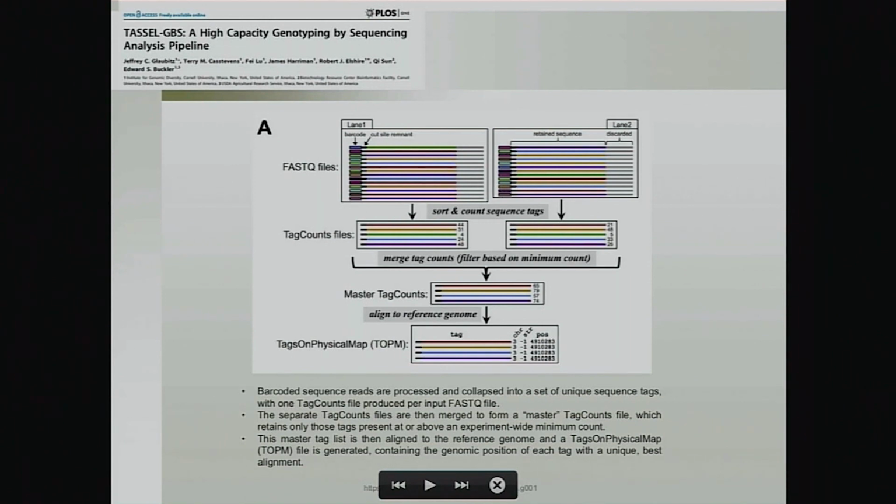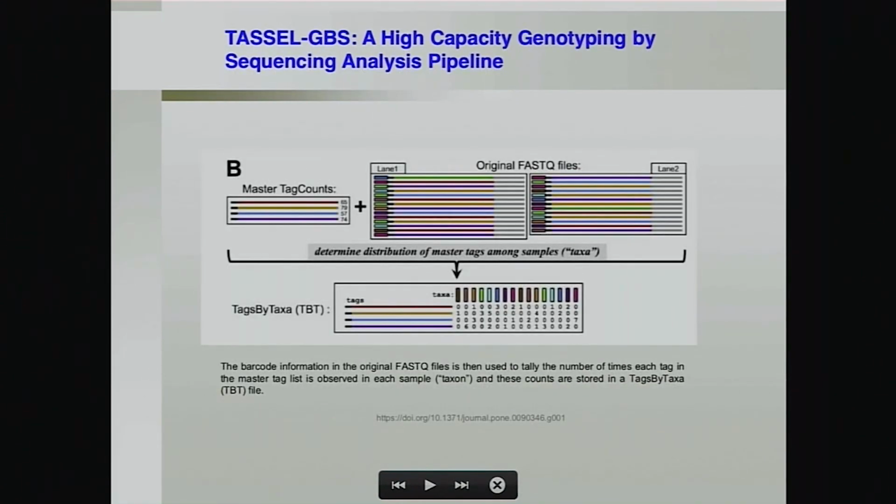Then after you align, you will get the chromosome position of that tag. Look here, please: in this file, you don't know which accession this tag belongs to. You only know how many different tag counts you found in all of the lines of sequences that you got.